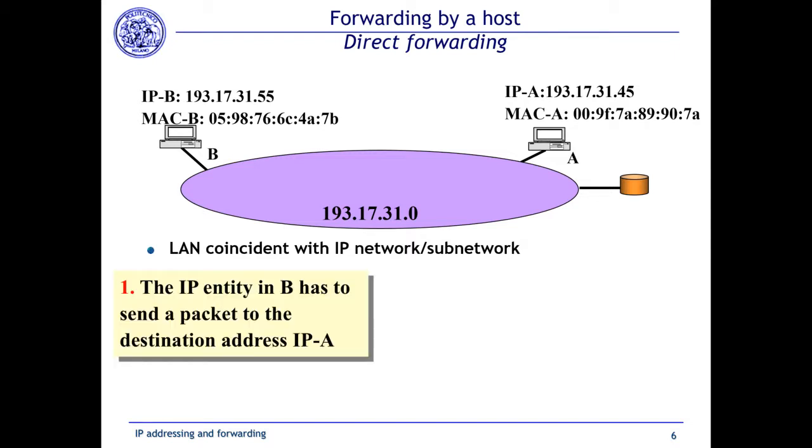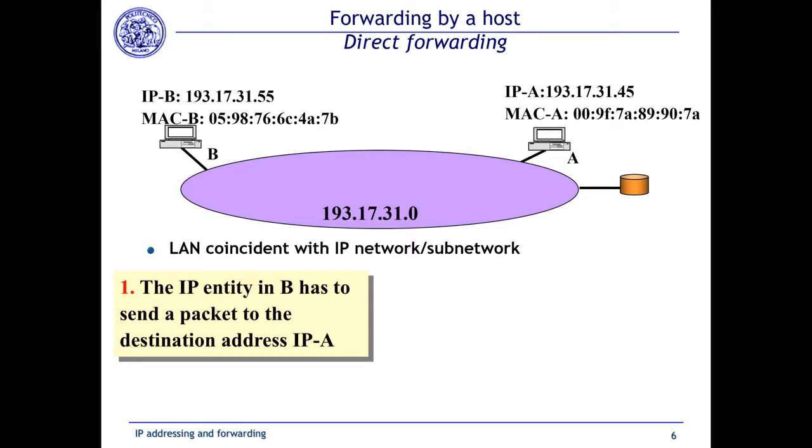So when the entity that is implementing the IP layer in B receives from the layer above the command to send the packet to A, along with the service primitive, the upper layers also tell the IP layer what destination address to use, because it is information that must come from above.